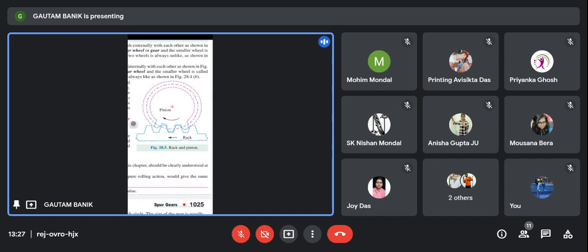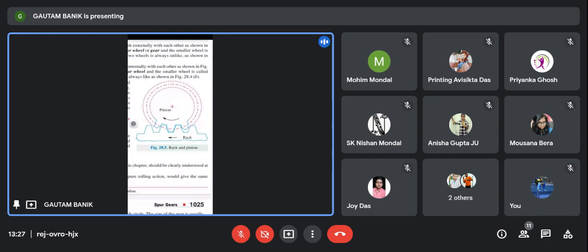We get linear motion, converting circular motion to linear motion. If you have circular motion, you convert it to linear motion, and when you have linear motion, you can convert it into circular motion. That is the function.